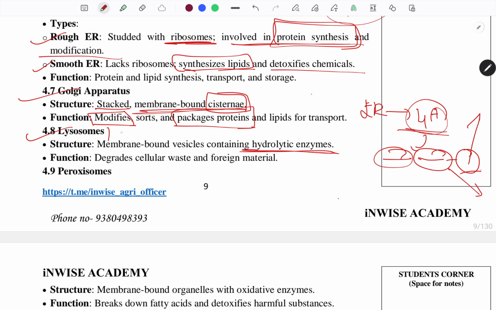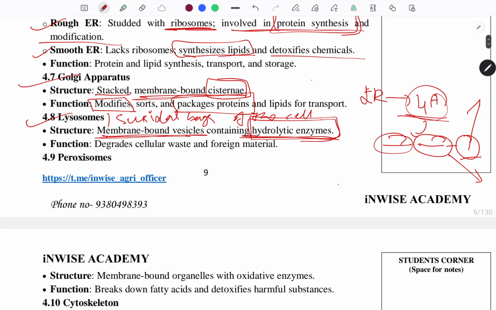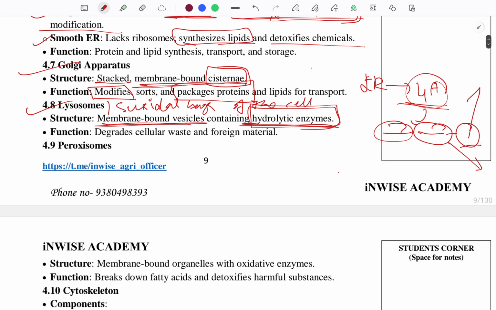Lysosomes are also called suicidal bags of the cell because they contain hydrolytic enzymes. If a lysosome leaks or bursts open, the whole cell will die. Remember, lysosomes are organelles which contain hydrolytic enzymes, and they are single membrane bound organelles. If burst open, they will destroy the whole cell. That's why it is called a suicidal bag.